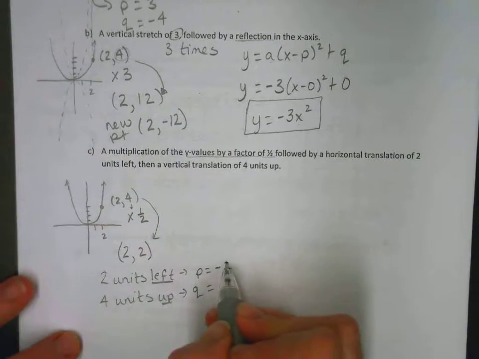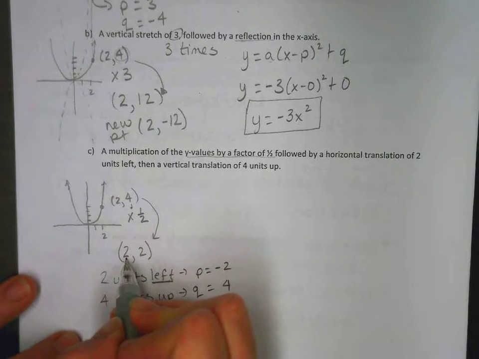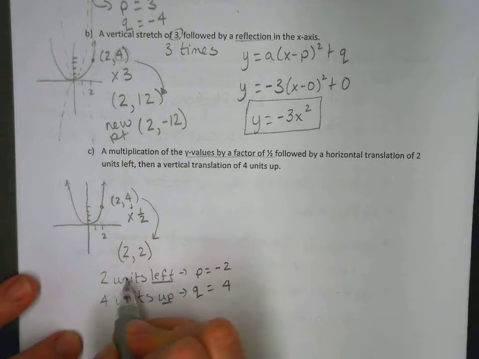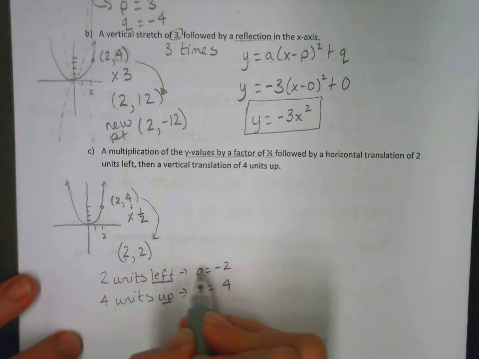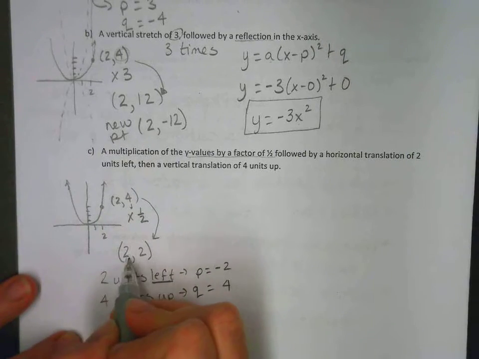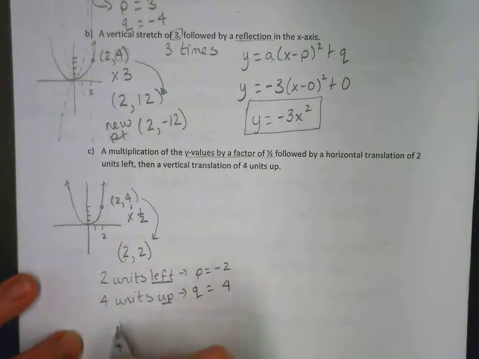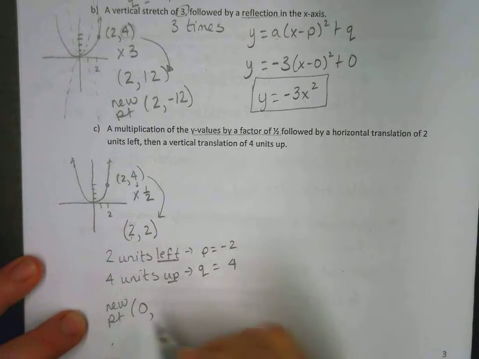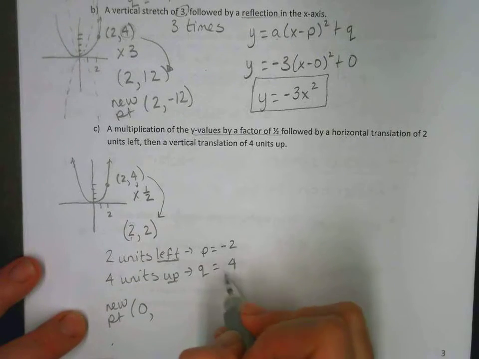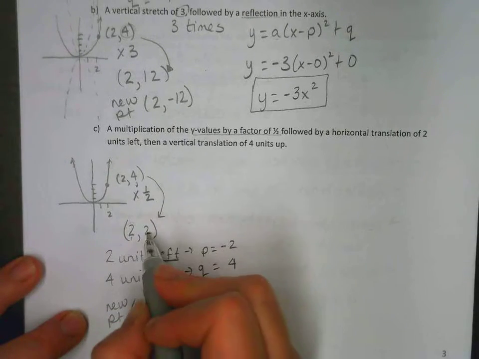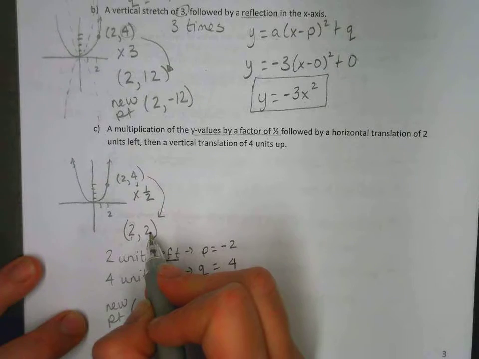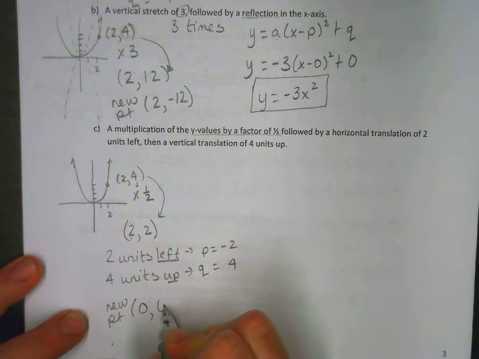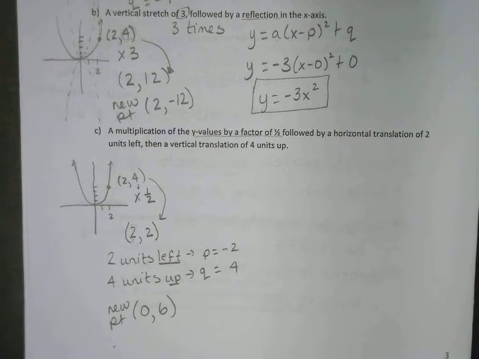So if I want to go 2 units left from 2, because this relates to my x coordinate, I'm going to subtract 2 from this coordinate, which would be 0. So my new point is going to become 0, comma, and then I want to add 4 to my y value. So I want to go 4 units up from this 2 after it's been stretched. So my new point is going to be at (0, 6).